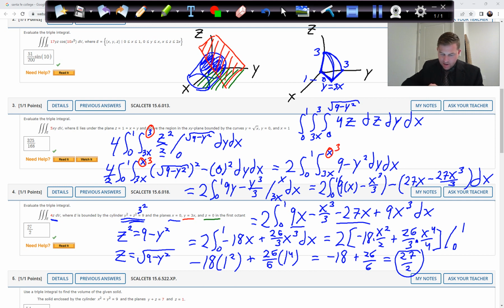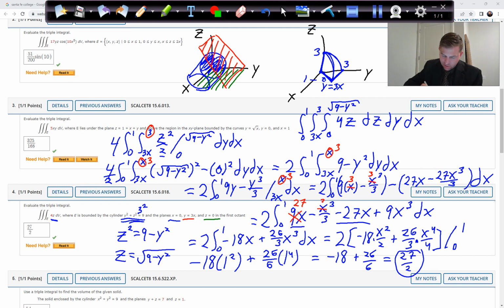So we get 9y minus, that's all still correct, but this is supposed to be a 3, not an x. So we would plug in 9 times 3 minus 3 cubed over 3. This part's correct. So we're going to get not 9x, this should be 27. Not x cubed, this should have been 27 over 3.